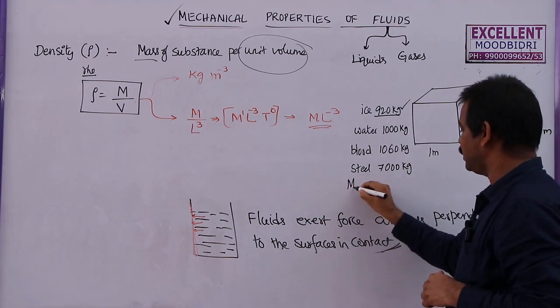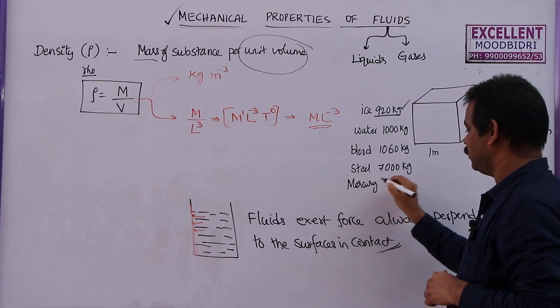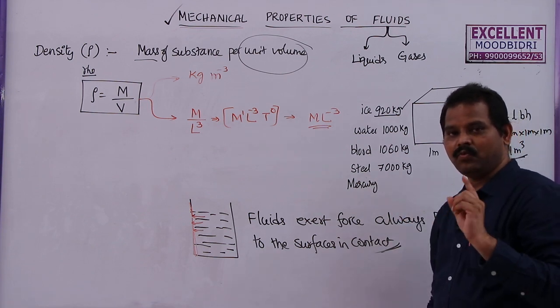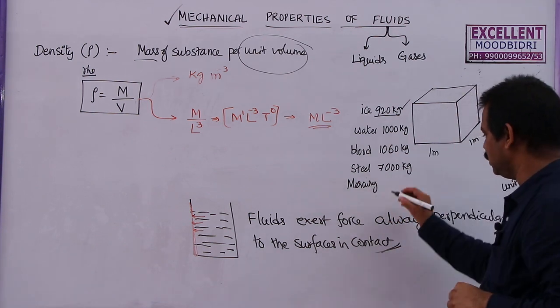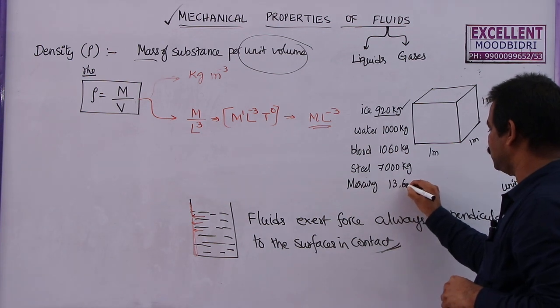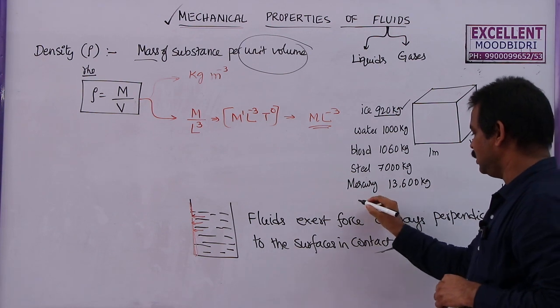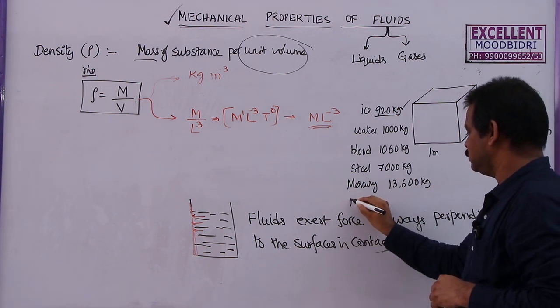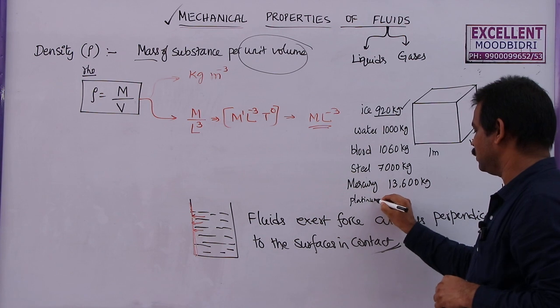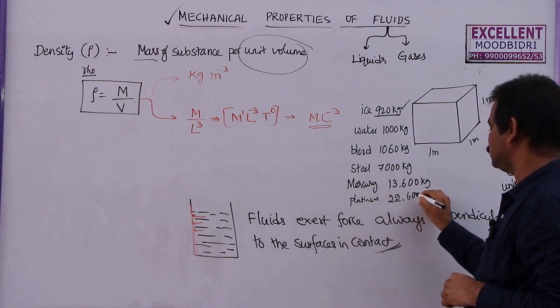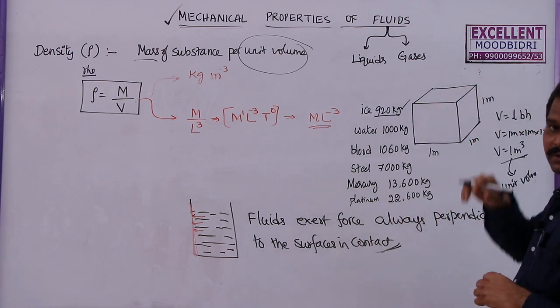And mercury is also a metal, the only metal in the liquid form. So it is found that 13,600 kgs of mercury can be filled in this one. And similarly, if you take platinum, nearly 22,600 kgs of platinum can be filled in this one.